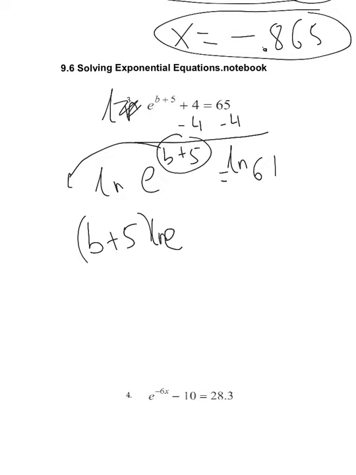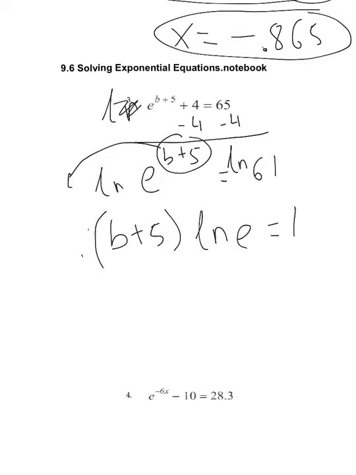Let me erase this because I'm squeezing all the work. Okay, so you get b plus 5 ln e is equal to ln 61. Please remember, ln e is equal to 1.